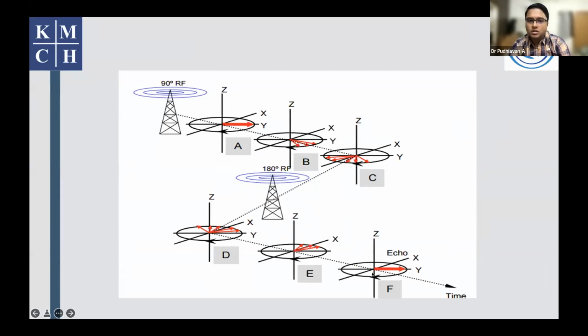So the important thing to understand here is that the time between the 90-degree pulse and the 180-degree pulse is equal to the time between the 180-degree pulse and the time at which all the protons will be in phase. So suppose you give the 180-degree pulse at say 20 milliseconds after the 90-degree pulse, then exactly 20 milliseconds after the 180-degree pulse, all the protons will again come in phase.